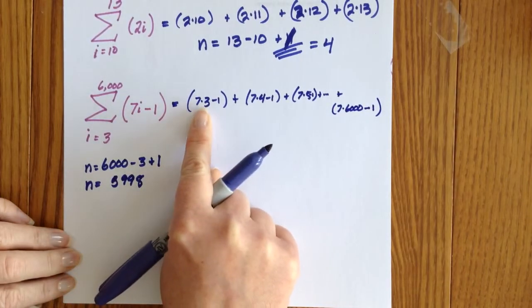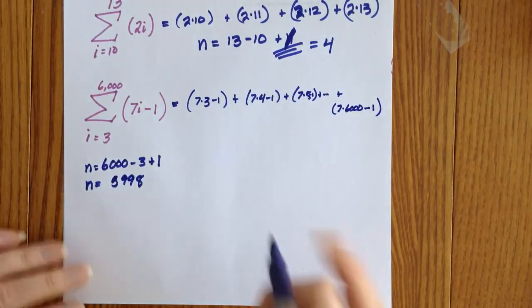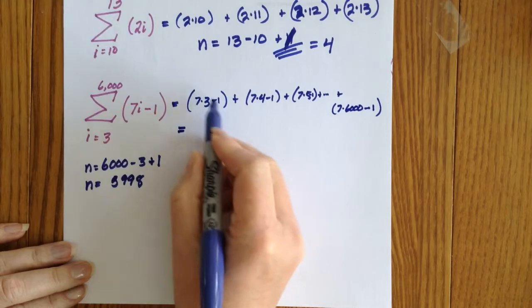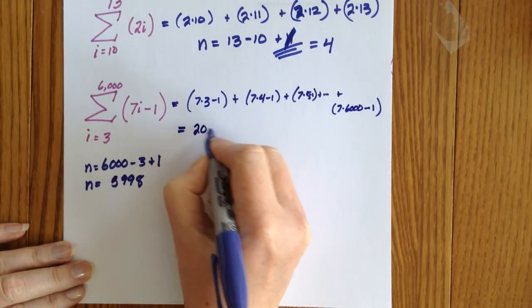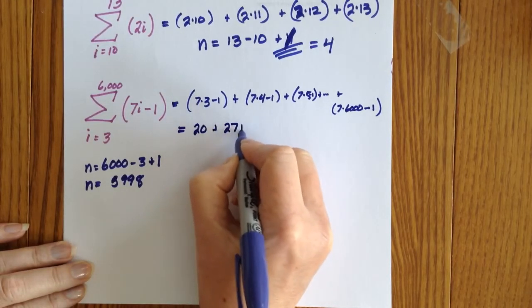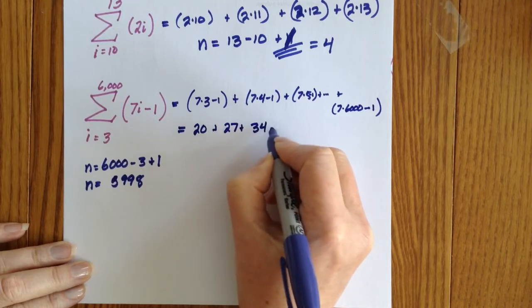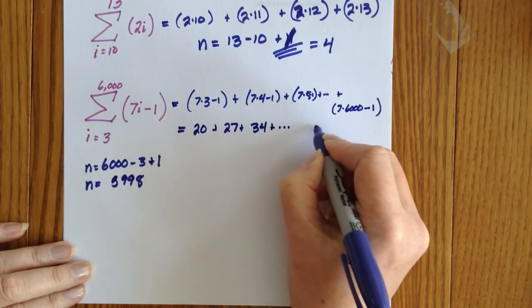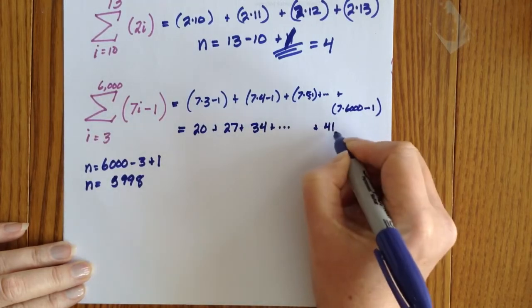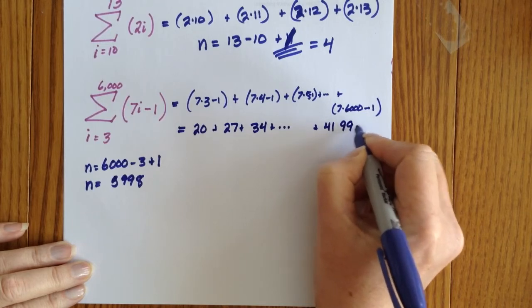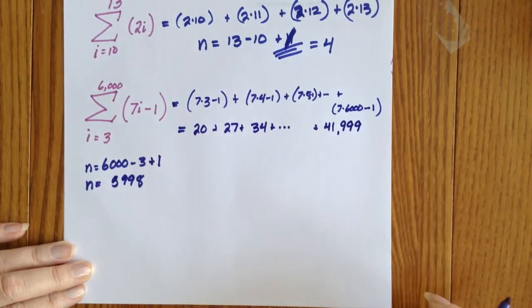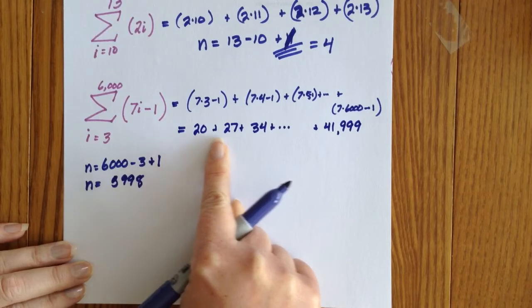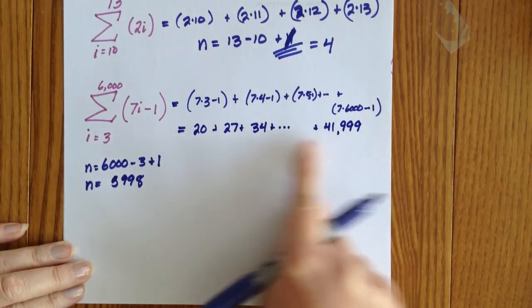I would go ahead and figure some of these out just to get a feel for what's happening here. This is going to be 20, 27, 34, and so on, up to 41,999. Well, let's look at this sequence real clearly here.